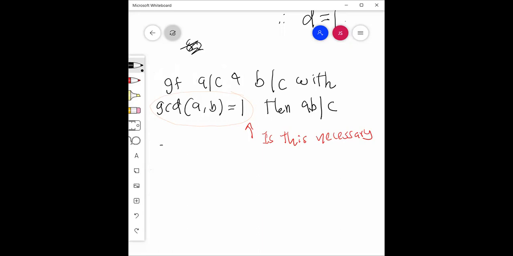Can you give a counterexample to show the necessity of that condition? So give a counterexample. If we remove that additional condition GCD(A, B) equal to 1, this statement is false. Can you find a counterexample in such a way?